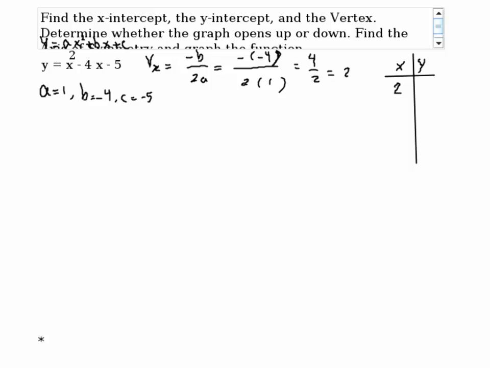You substitute, right? You have y is equal to x squared minus 4x minus 5. You just let x equal to 2. So you get y is equal to 2 squared minus 4 times 2 minus 5. So it would be 4 minus 8 minus 5.